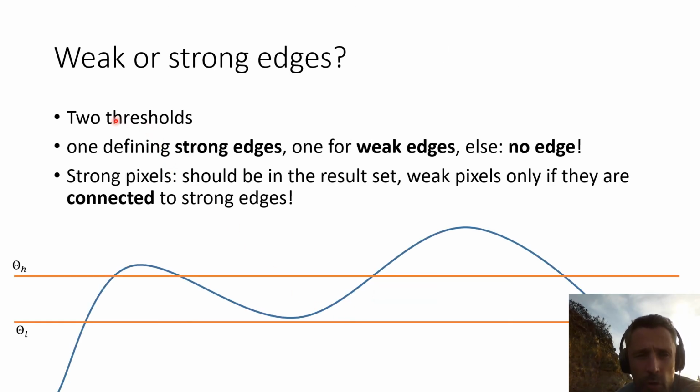We'll now introduce 2 thresholds. One that I'll call here theta h for high, theta l for low. And obviously they define gradient magnitudes that strong edges exhibit. So any gradient magnitude above this threshold is a strong edge, and gradient magnitudes above the second threshold are still edges, but they're weak edges.